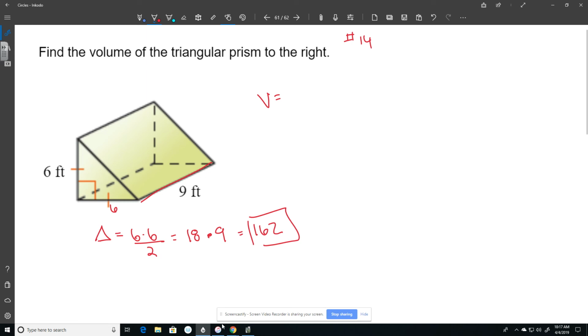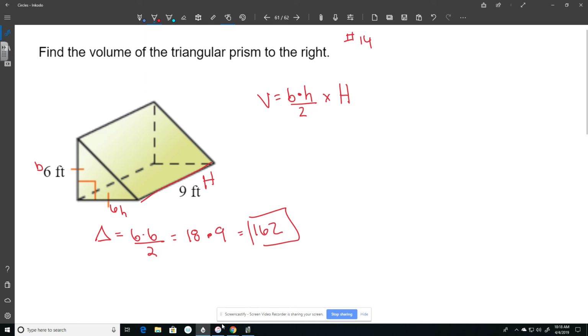If you need an equation because you can't work through that yourself, the volume of your prism is going to be, we did the area of the triangle. So you're going to take your little b times your little h for your triangle, and then you're going to multiply that by the height of your prism, your big H. So this is your H, this is your little b, this is your little h.